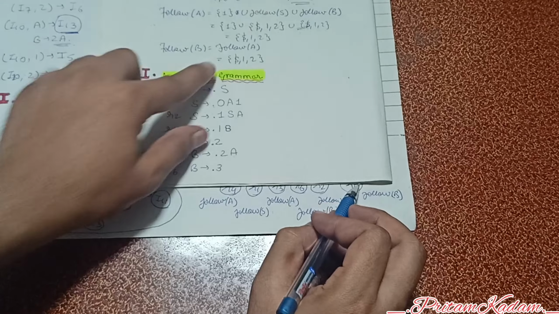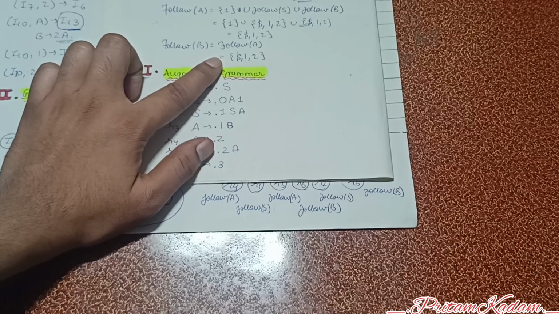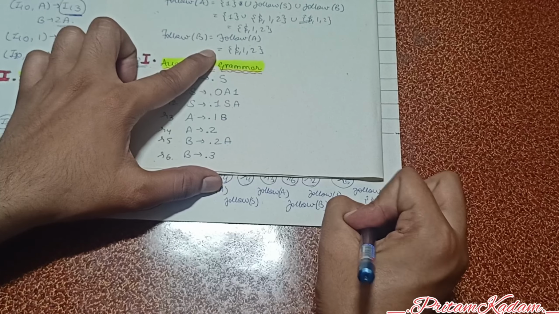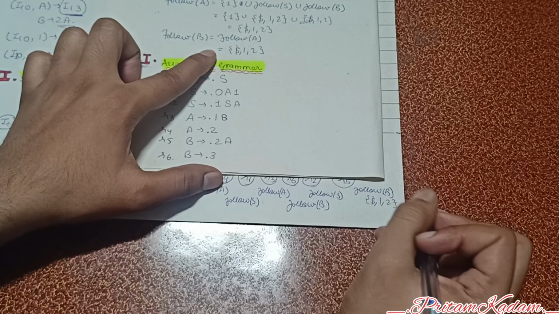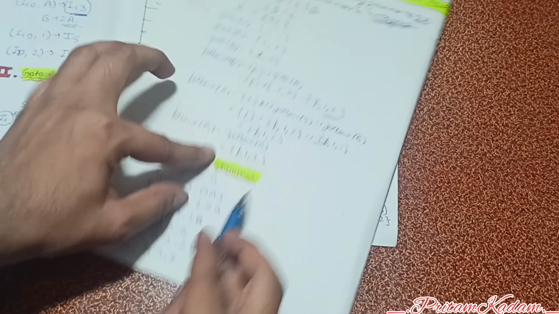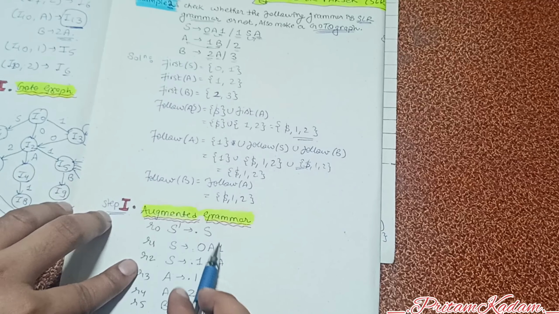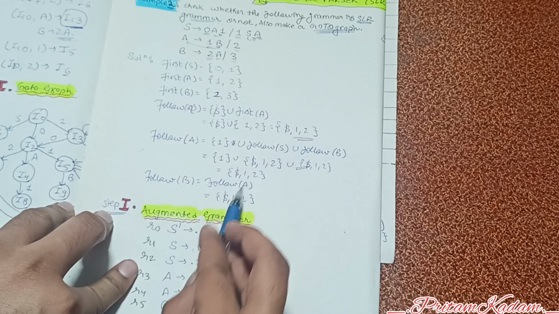Okay, so the follow of all of these is $, 1, 2, and for the follow of S it is $ only.